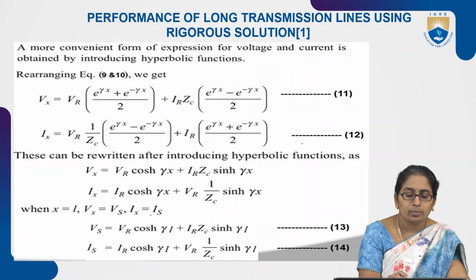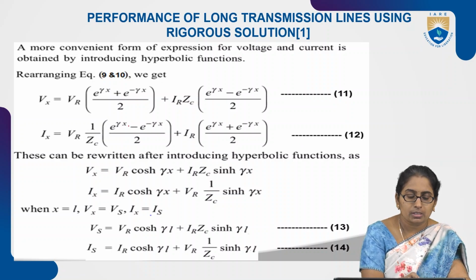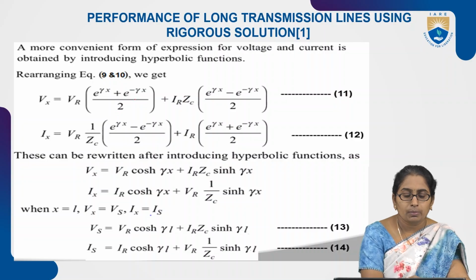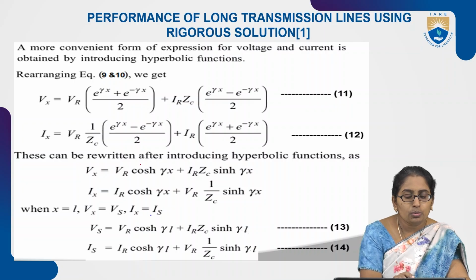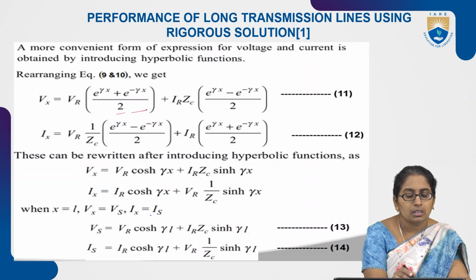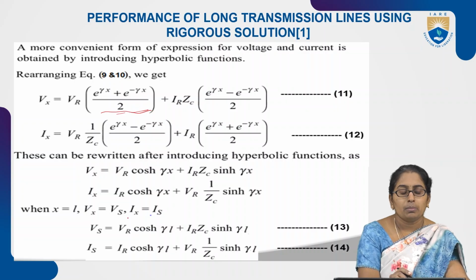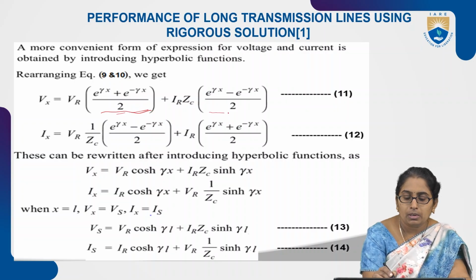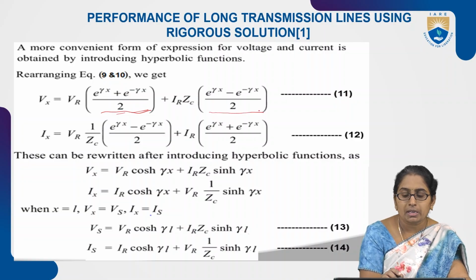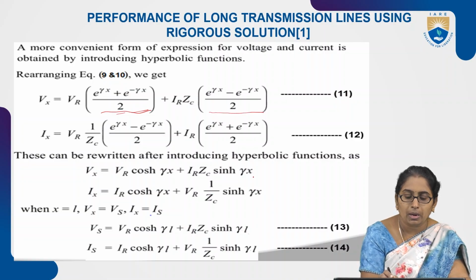Now we know the hyperbolic functions: e power gamma x plus e power minus gamma x by 2 means cosh gamma x, and e power gamma x minus e power minus gamma x by 2 is nothing but sinh gamma x.